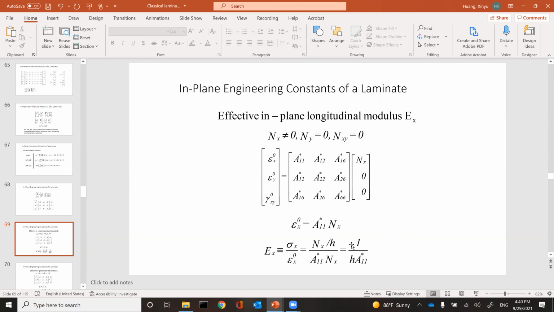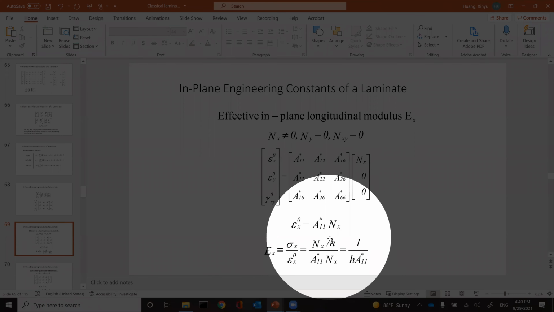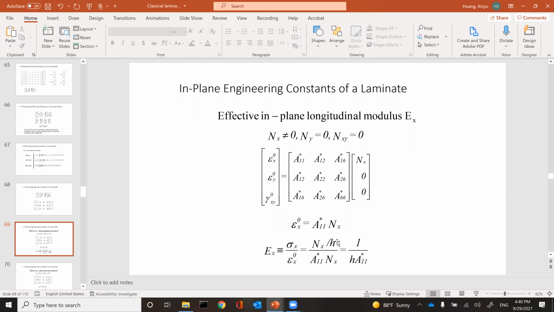So why is sigma x equal to Nx divided by h? What is h? h is the total thickness. What is Nx? Nx is linear load density.